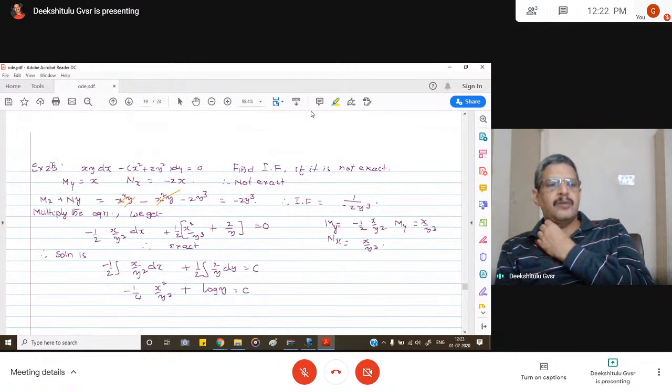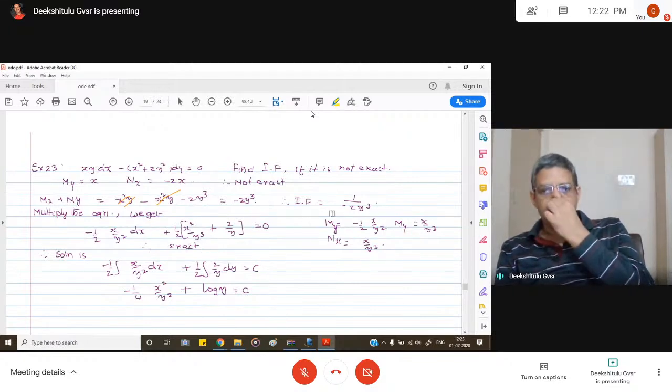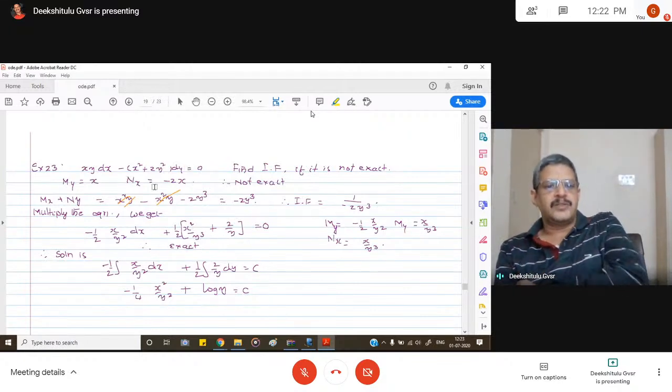So if you multiply throughout by minus 1 by 2y cube, xy by y cube, so x by y square dx plus, minus of minus plus, 1 by 2 into (x square plus 2y square) by y cube dy. You split the terms, x square by y cube plus 2y square by y cube, 2 by y. So now this is the new M1 and this is the new N1.